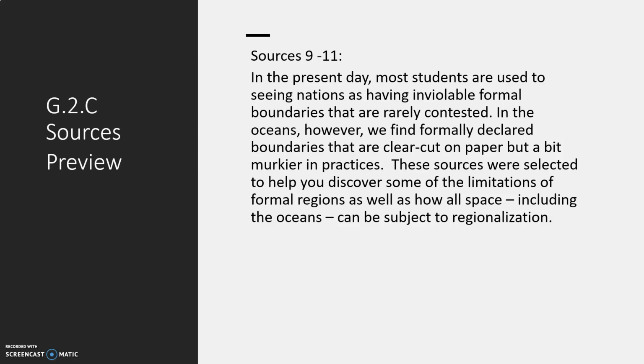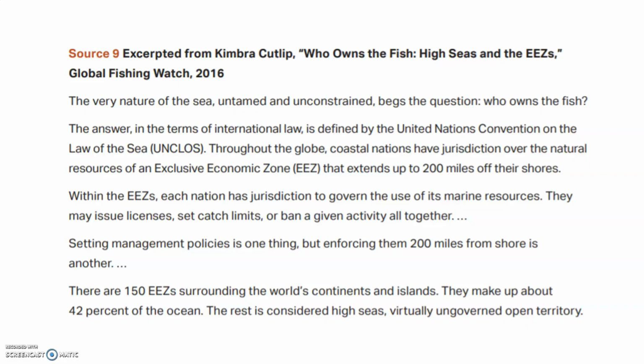This place ends here and this place starts here, as well as how all space, including the oceans, can be subject to regionalization. You're going to be looking at source 9, which is an excerpt called Who Owns the Fish? High Seas and the EEZs, and you do need to know what the EEZs are.